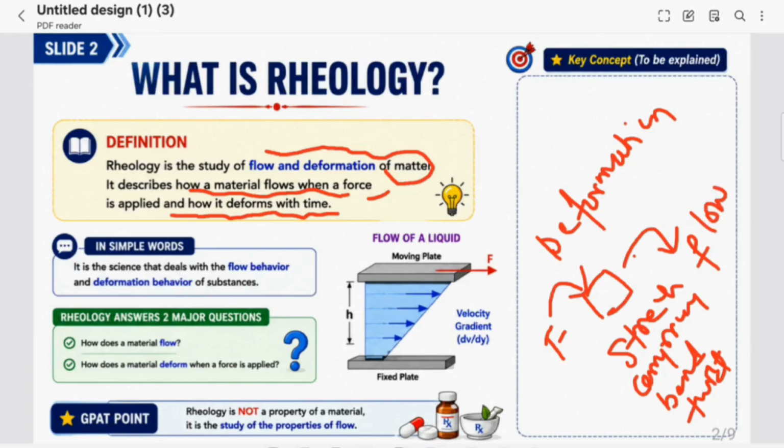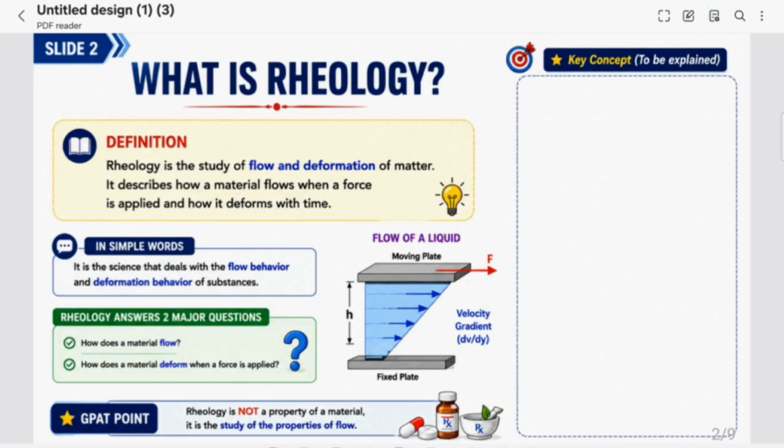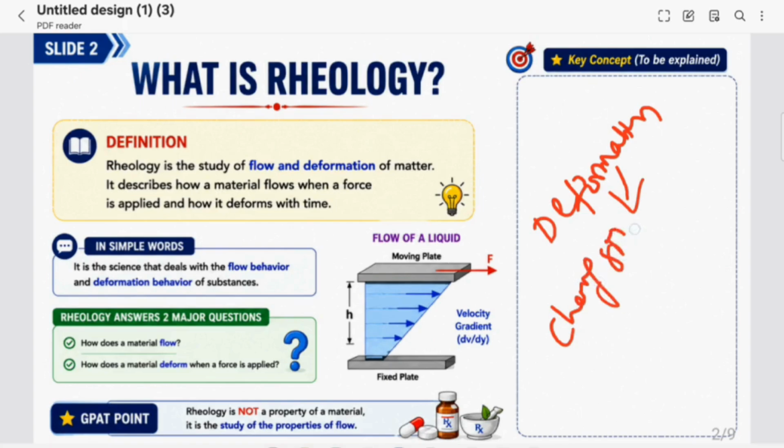So that is called a change in size or change in shape. So deformation may happen due to change in size and change in shape.